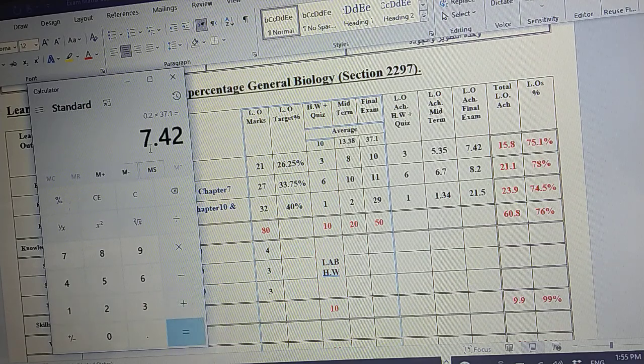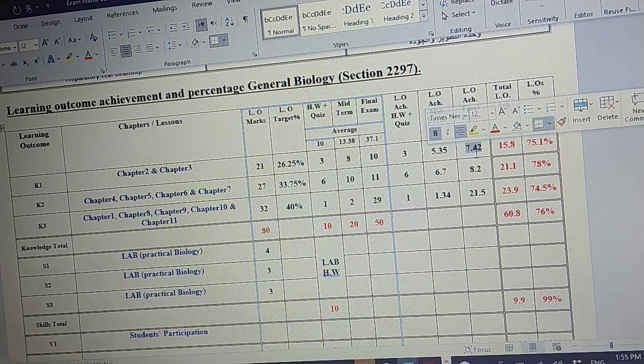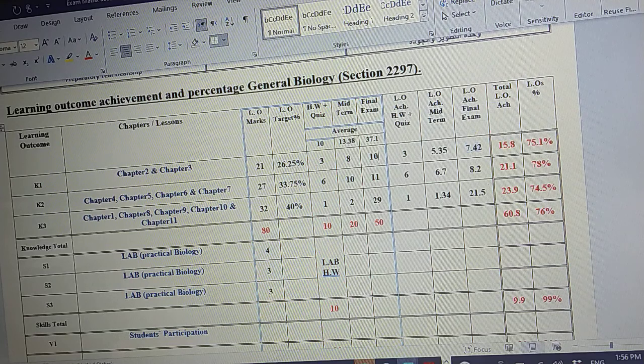It will equal 7.42. By the same way, these students achieved 7.42 out of 10 for K1 in the final exam.